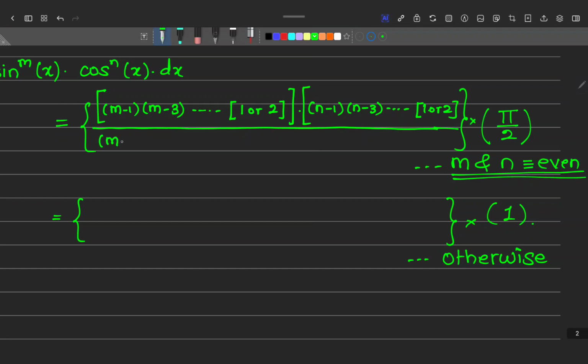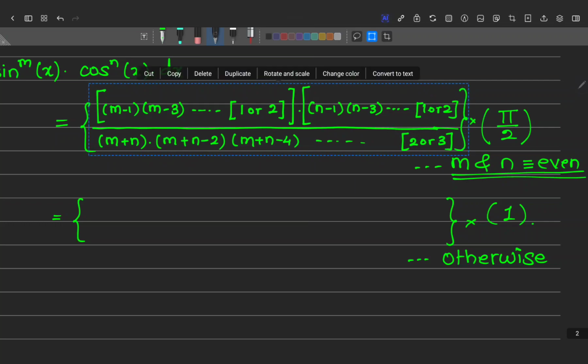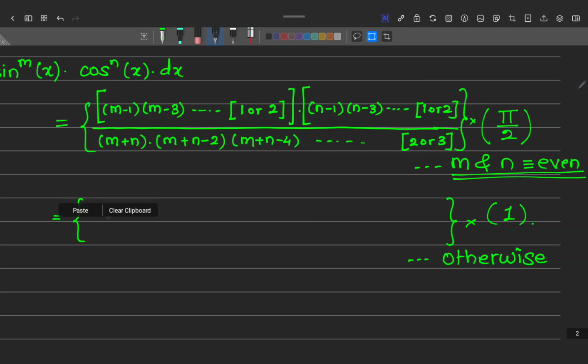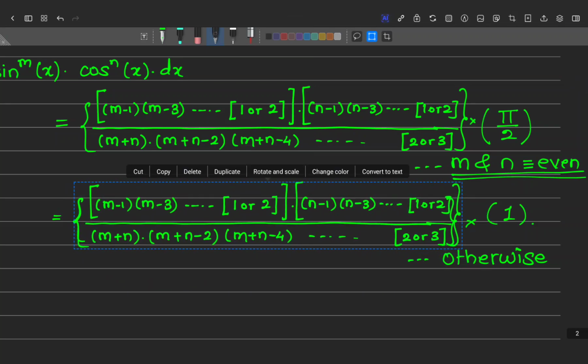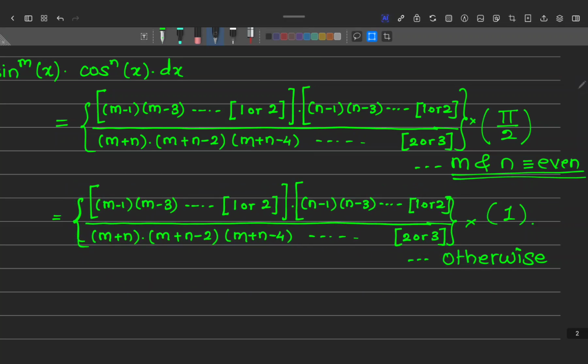In the denominator, we take m plus n into m plus n minus 2, then m plus n minus 4, and so on until the last term is 2 or 3. Okay, so this is our denominator. So the same thing we do here. Okay, so this will be our formula.